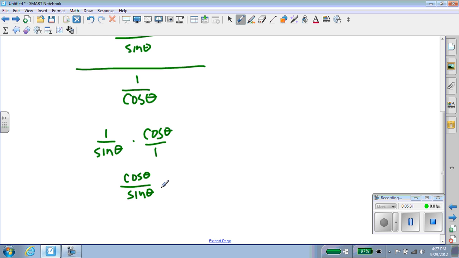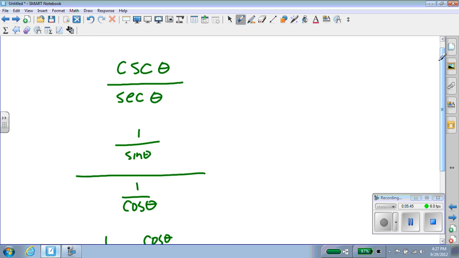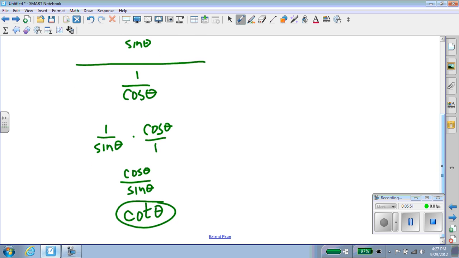Wait a minute. Cosine theta over sine theta, that's cotangent of theta. So in several steps, none of which was too arduous, I showed that cosecant theta over secant theta is exactly the same as cotangent theta.